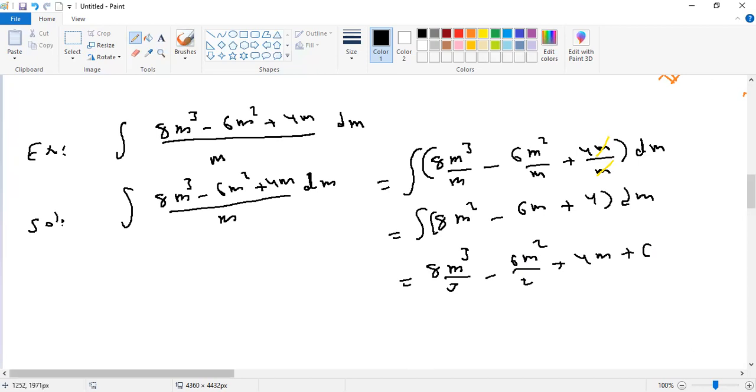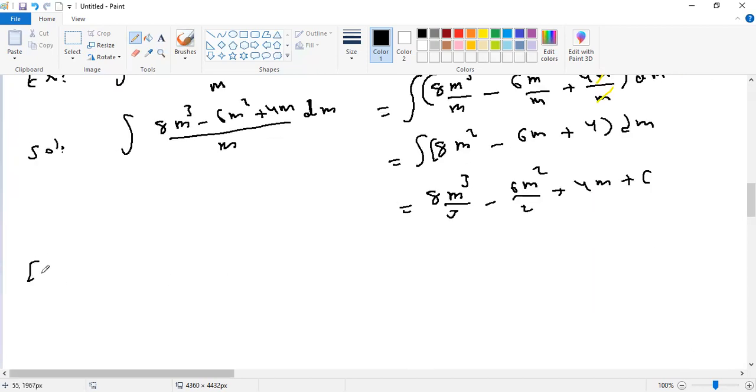Okay, another example, the last example. Say I have 8 minus y to the power 5 over 2y cubed dy. How to find the integral of this one? The solution is in this way.